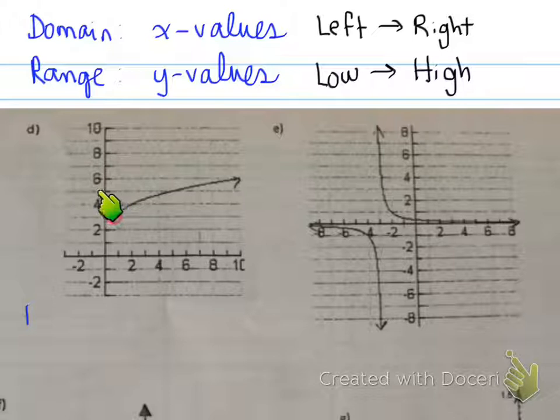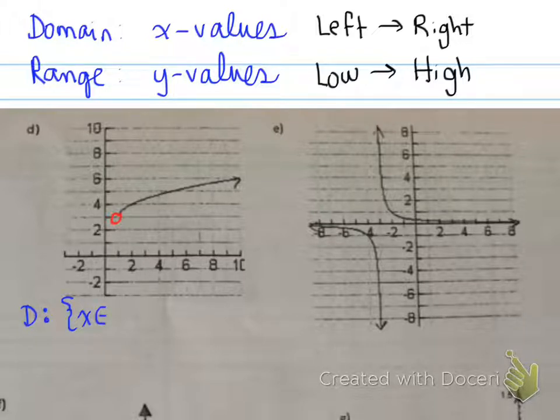Specifically, in this particular example, how far left does this graph go? Well, it starts at 1 or very, very close to 1. So the domain starts at 1 and goes to infinity. So from 1 to infinity. What does that mean in terms of set notation?